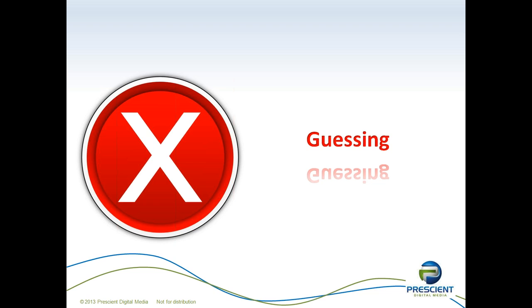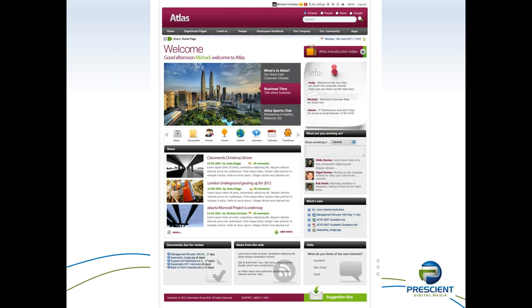In fact, with a crappy intranet, it's going to take you years to get to good or very good or excellent, because the design itself is only one small component, as we'll talk about when we get to the planning process. To get to a well-designed intranet like this requires a lot of work, a lot of assessment, a lot of planning, a lot of technology, a lot of implementation, and a lot of adoption.